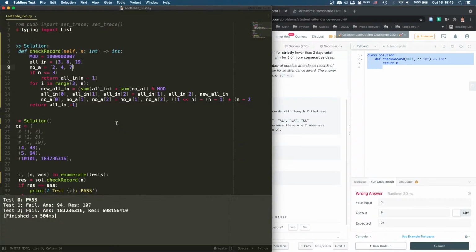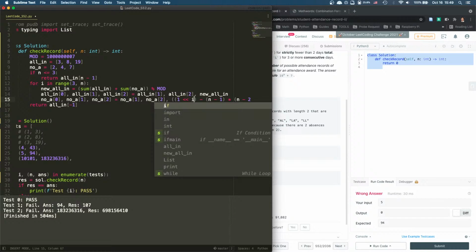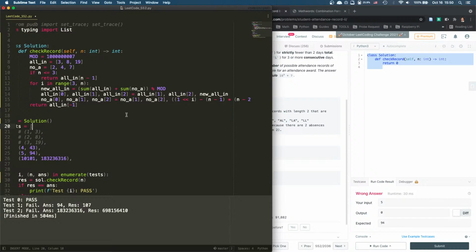Trouble. I think this is not n, this is I. Right? It's not I, it's I plus 1, I think. And this is I plus 1. Because we're considering the current situation.